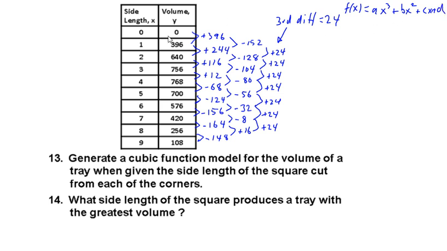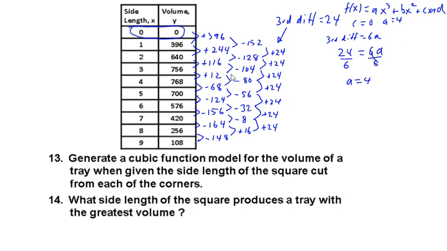Anyway, already we know we have a y-intercept of 0, so d is equal to 0. We have our third difference is equal to 24. So in the equation, the third difference is equal to 6a. So 24 is equal to 6a. So we divide by 6. We have a is equal to 4. So I put up here a is equal to 4.